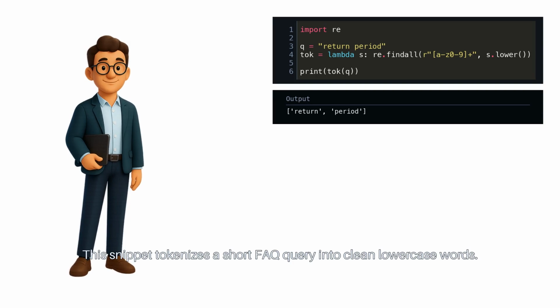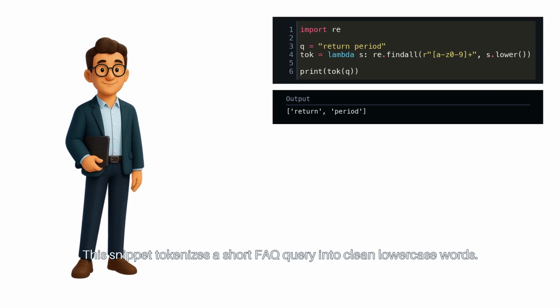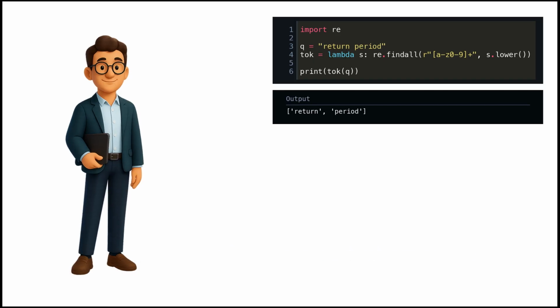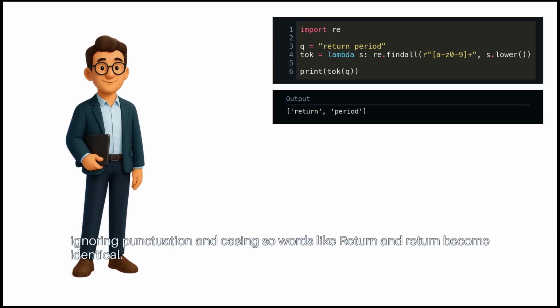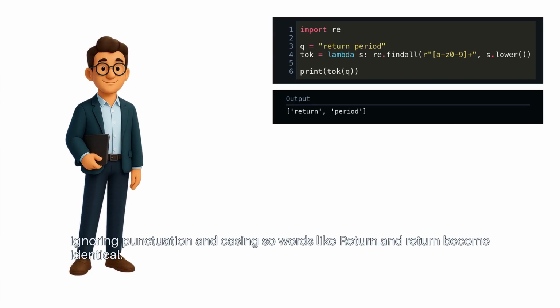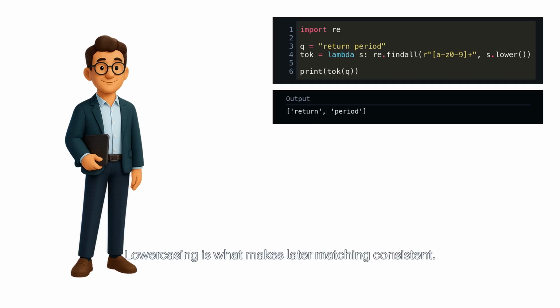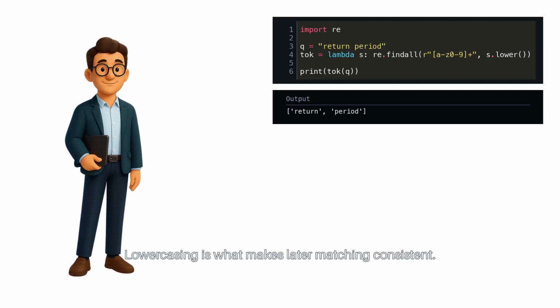This snippet tokenizes a short FAQ query into clean lowercase words. It defines a tiny query variable named q and a regex-based function that extracts only letters and digits, ignoring punctuation and casing, so words like Return and return become identical. Lower casing is what makes later matching consistent.